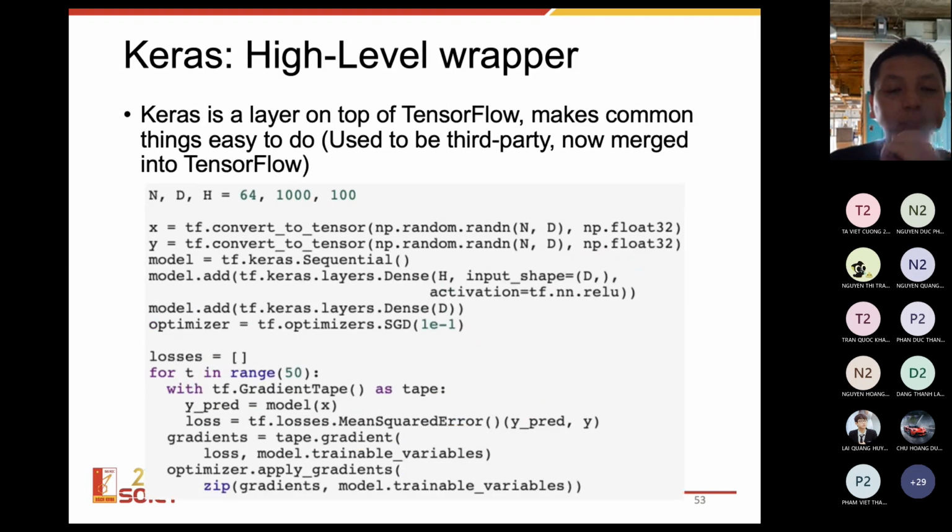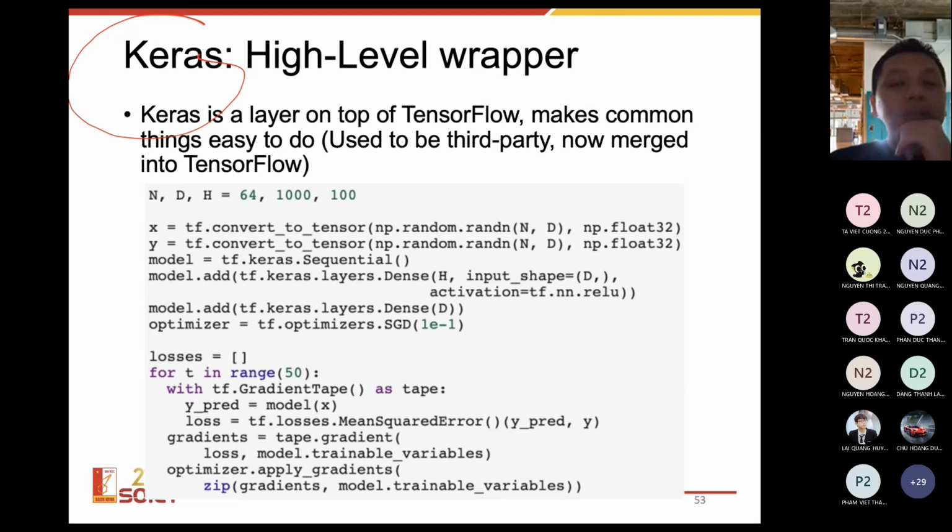Anything else? Okay, about the high-level wrapper, Keras. In the beginning, Keras was a separate library where you can define a big neural network in just a few lines of code, and every layer can be defined by one single line of code, right?